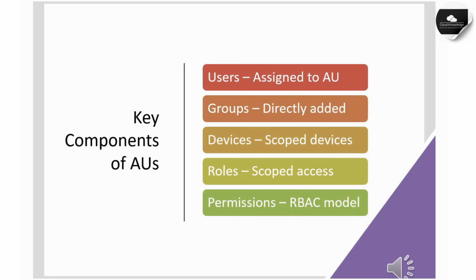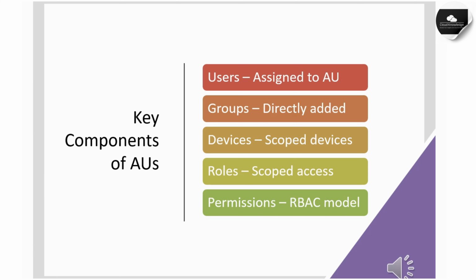So here are the key components of AUs, what we can do with the help of an administrative unit. We can directly assign users to an AU, add groups to that AU, and scope our devices to it.